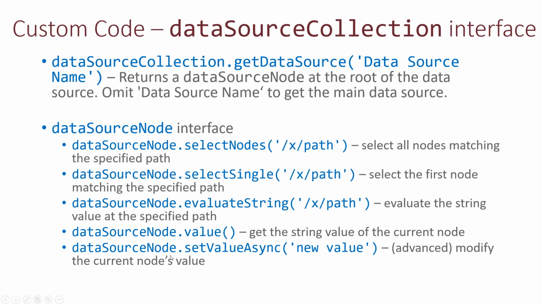And you can also update field values using this set value async. I've noted this as advanced because this is the only one that involves working with asynchronous logic, but it does come in handy, and we actually use this in our signature control for setting the image into the data source when they click capture a signature.